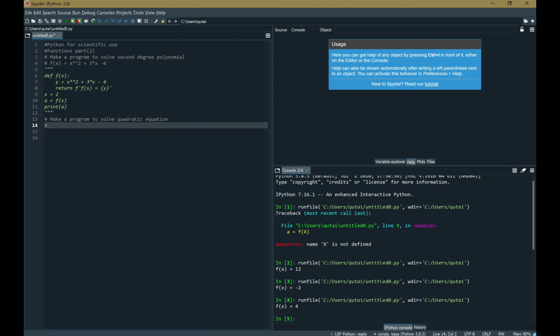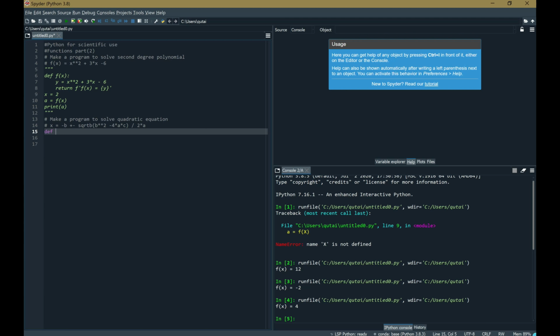We know that the quadratic formula is x equals minus b plus or minus the square root of b power 2 minus 4 multiplied by a multiplied by c, divided by 2 multiplied by a. So here we want to make a program to solve this equation.